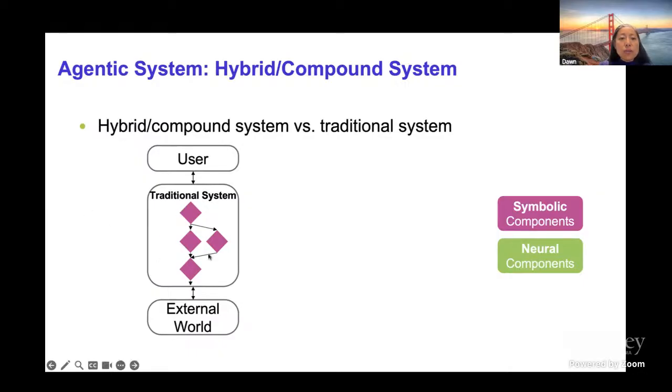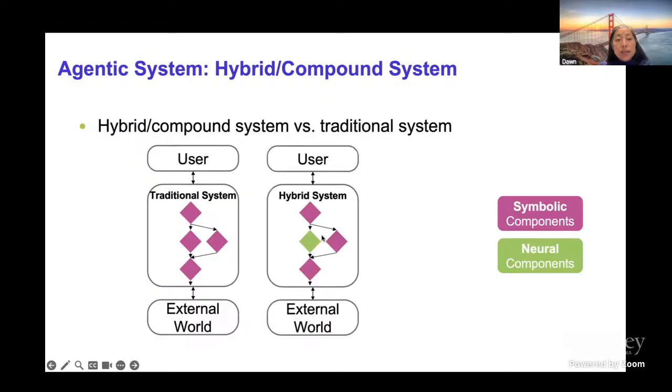So these are traditional systems composed of these symbolic components, like program functions and so on. And in this case, the user can interact with the traditional system, and the traditional system can also interact with the external world as well.